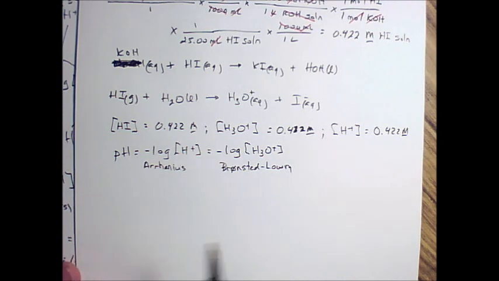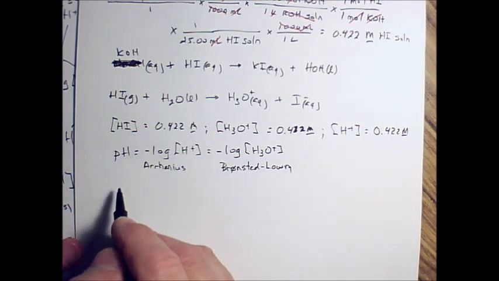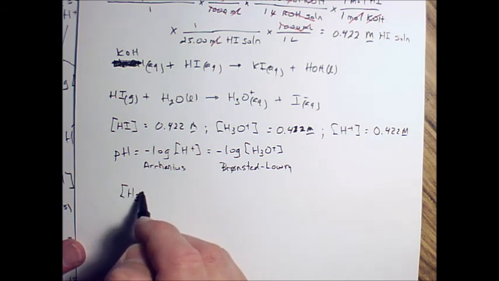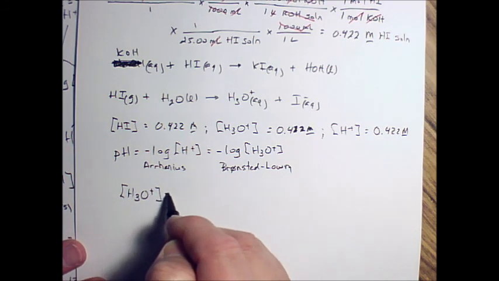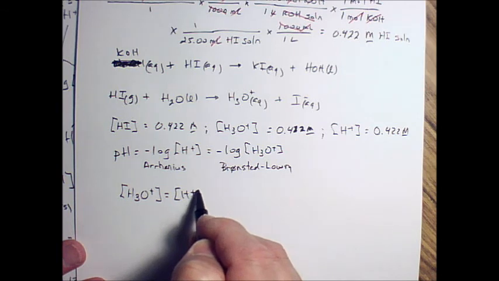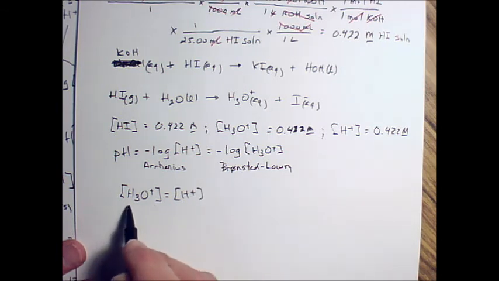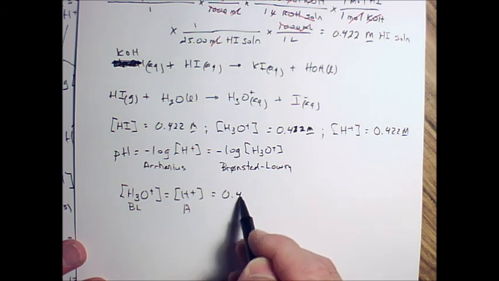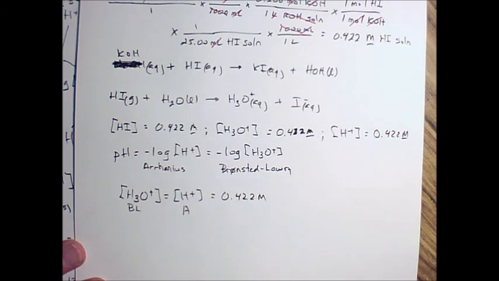All right. So we know that the hydronium ion concentration is equal to the hydrogen ion concentration, Bronsted-Lowry, Arrhenius, which is 0.422 molar.